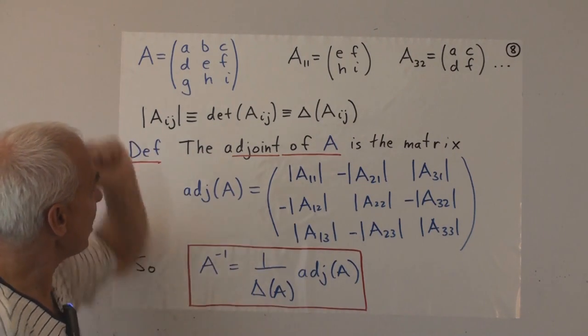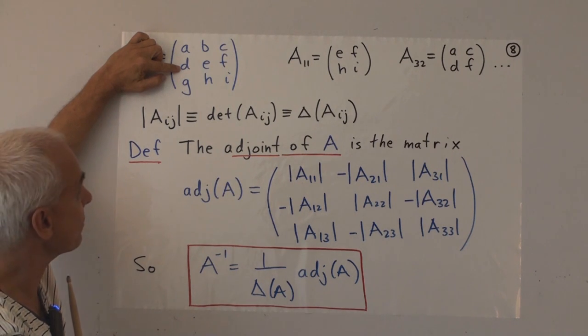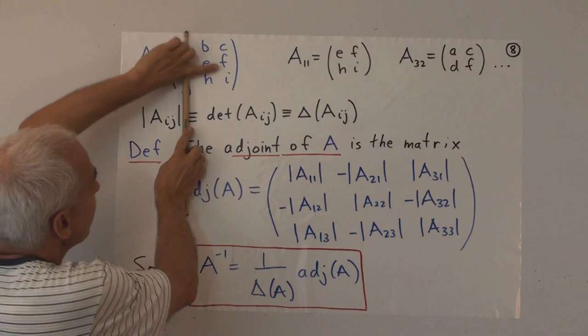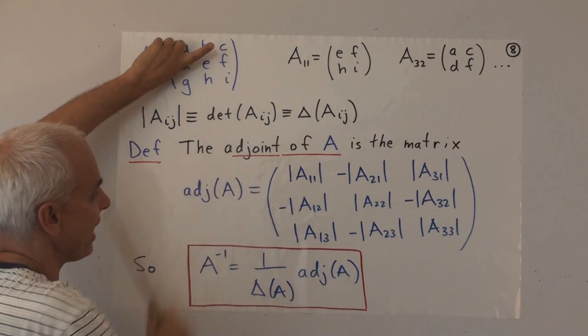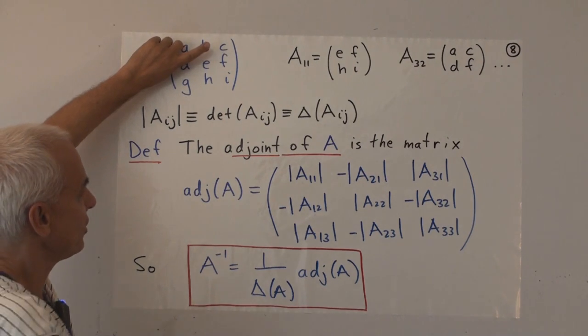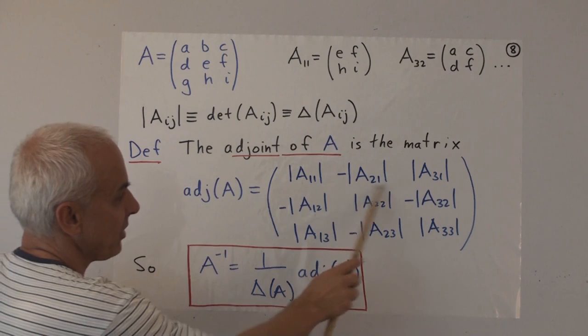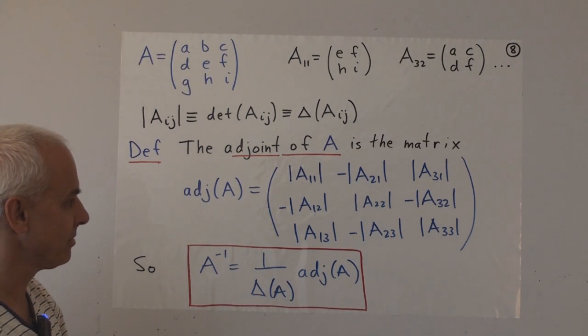What was the A21 minor? Well, there's the A21 entry right there. So the A21 minor would be this matrix here, and its determinant would be Bi minus Ch. So if you look at the entry in our inverse matrix, the entry right there would be minus Bi minus Ch.